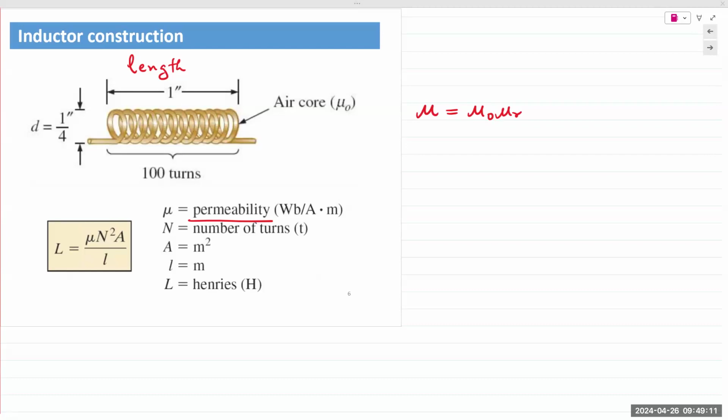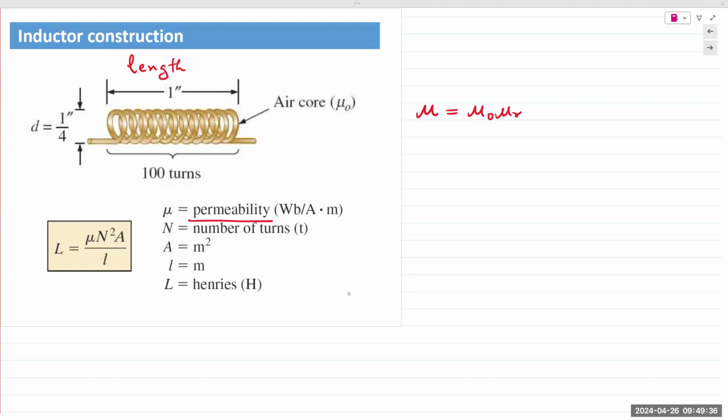All right, any questions so far? Okay. So as I was saying, mu is the permeability. It basically describes the ease with which magnetic flux lines can be established inside a core material.